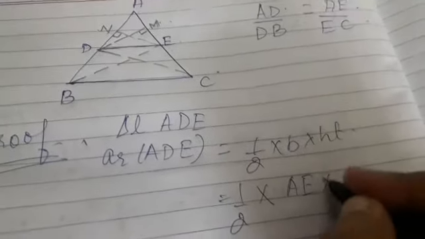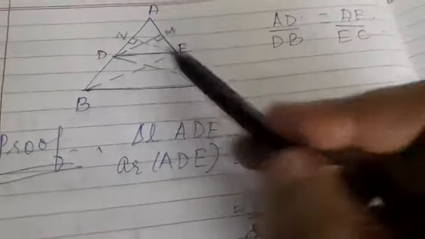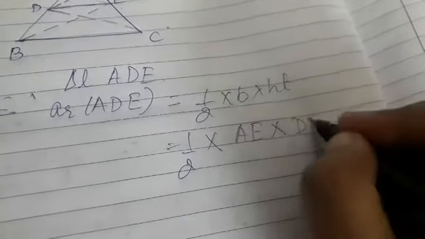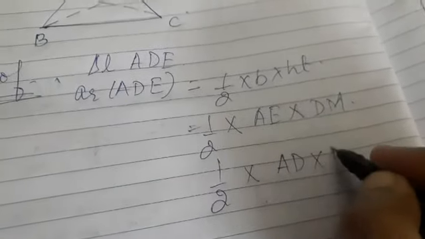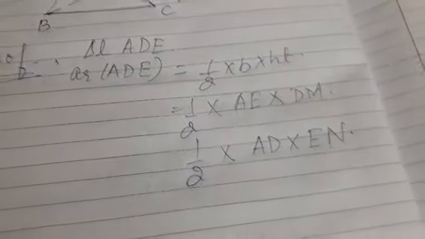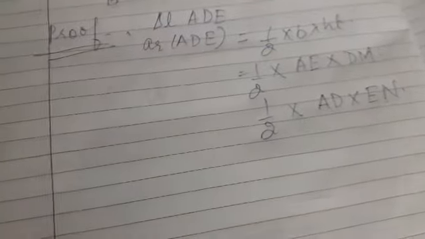There are two options here, so we can write half into AE into DM, or half into AD into EN. Depending on whichever we want, we can use it. Okay, this is triangle ADE.